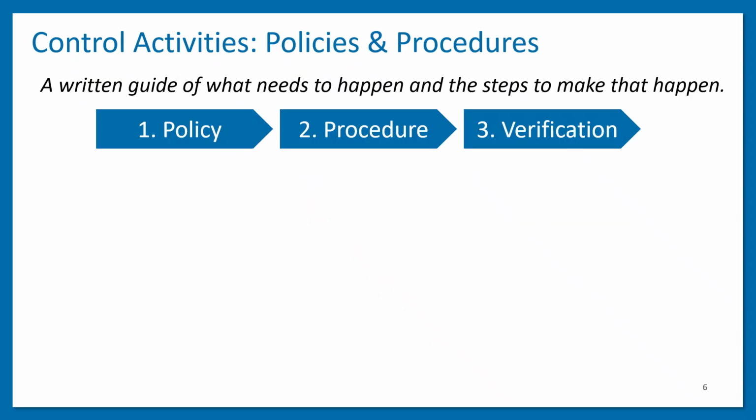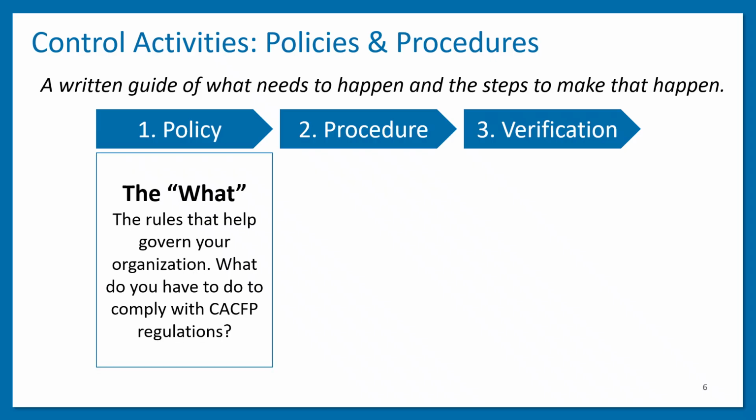Policies and procedures are the backbone of the CACFP and provide a written guide of what needs to happen and the steps to make that happen. There are 3 key elements for all procedures. First, the policy acts as the what. Essentially, what do you have to do to meet CACFP regulation?